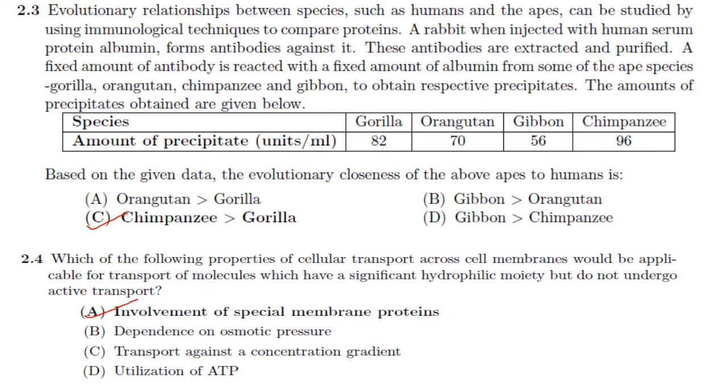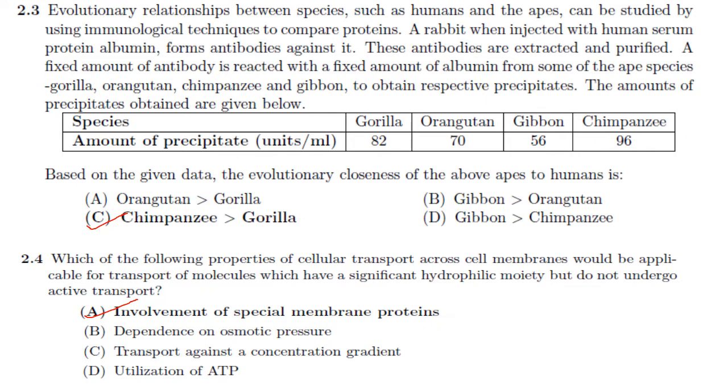So, what they have done is they have injected human serum into a rabbit and raised antibodies. These antibodies they extracted and purified, and a fixed amount of antibody was allowed to react with a fixed amount of albumin from the various ape species.